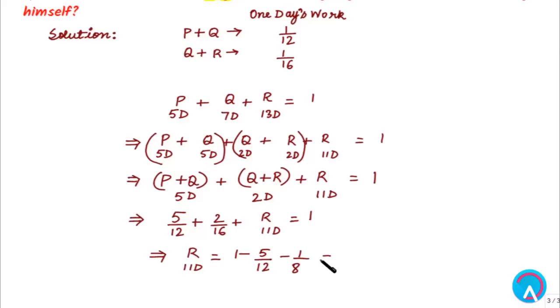That will come as 11 by 24. You can calculate this. So R's 11 days work is 11 by 24. So 1 day work of R will be 11 by 24 divided by 11.